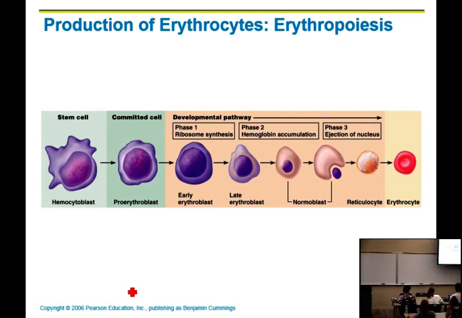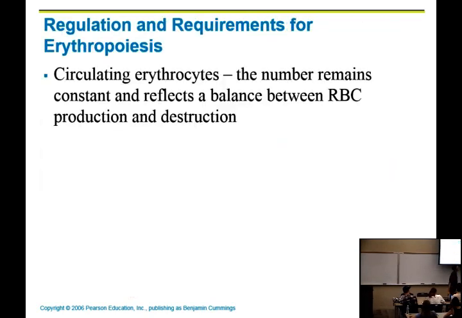The reticulocyte is the last stage of the immature red blood cell. So the reticulocyte is where it's about to enter the bloodstream, and we can see that it's at the stage where it's giving up those organelles and maturing into the full-blown erythrocyte. So erythroblast, reticulocyte, and then finally erythrocytes are what are going to enter the bloodstream.